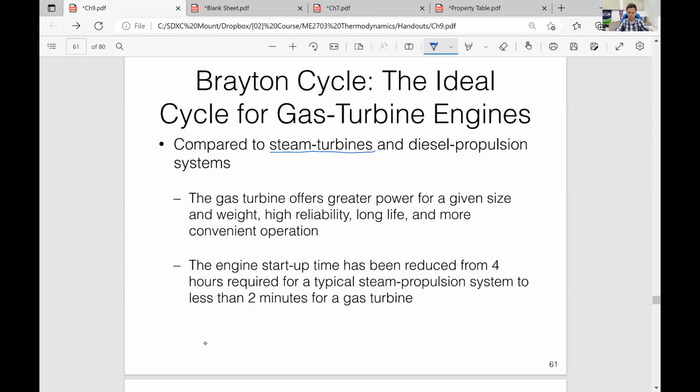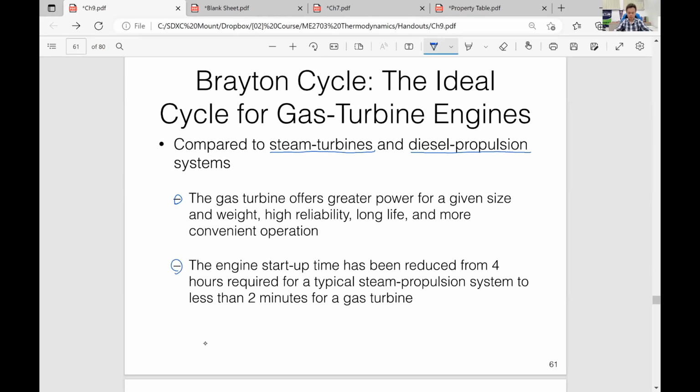And we didn't talk about diesel propulsion either. But here, just to let you know, the advantages of a gas turbine are greater power for a given size and weight, and it's usually very reliable, long-lived, and very convenient to operate.